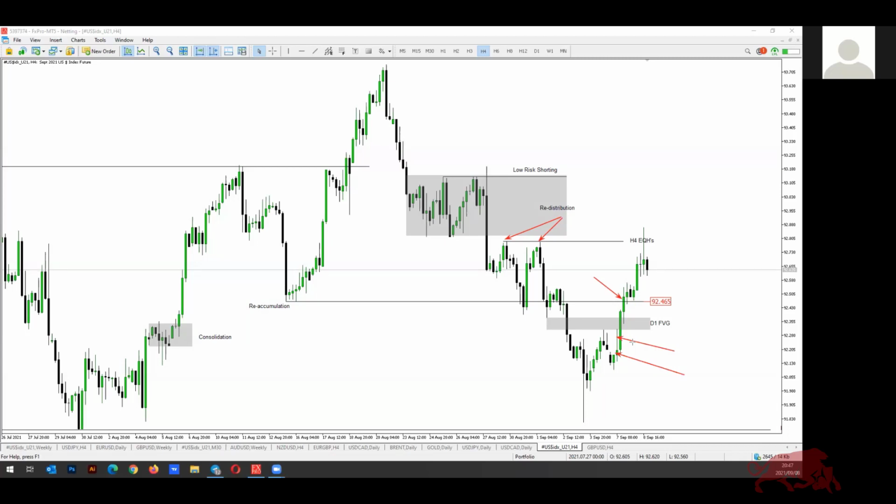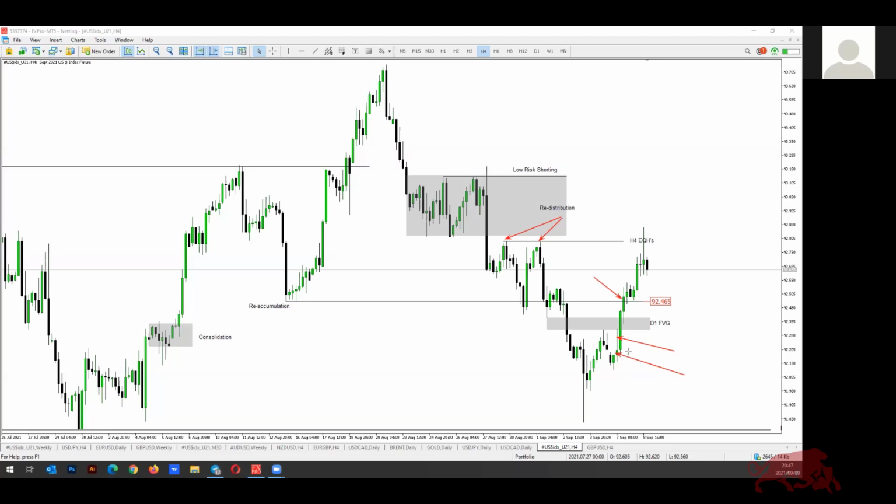So you have to make sure you understand how you're going to trade the other assets. It's not just a case of looking at what dollar is doing. Remember, you have to capitalize on the positively or negatively correlated assets, which in this case are the majors.